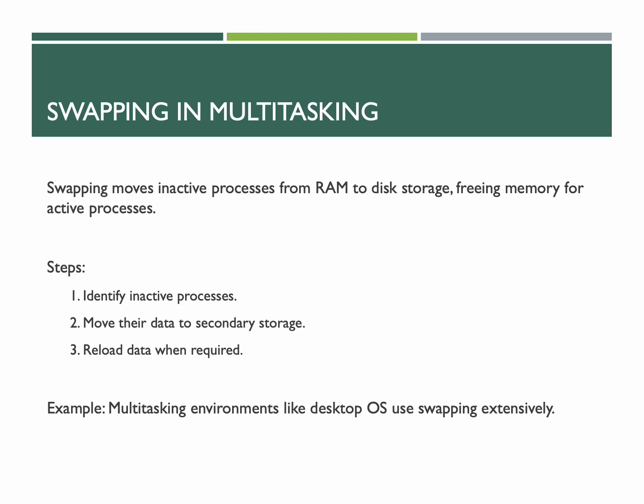For example, in multitasking environments such as desktop operating systems, swapping is used extensively. When you open multiple programs on your computer, the operating system may swap out background processes to disk to ensure active applications have sufficient memory.